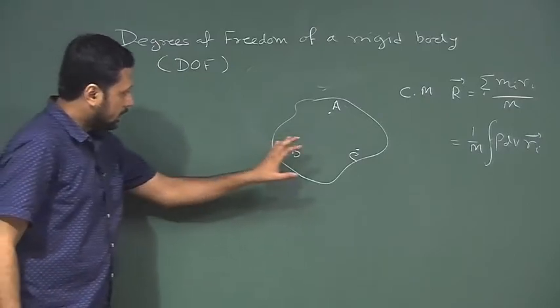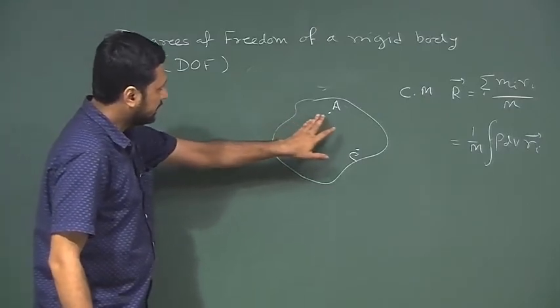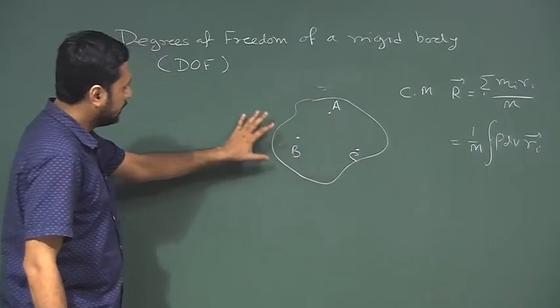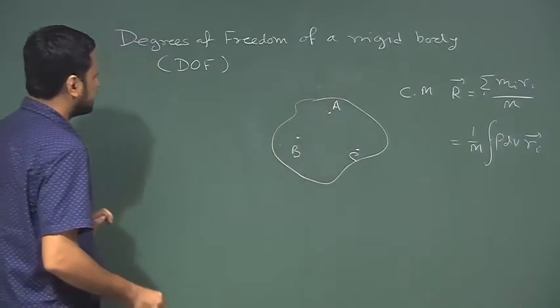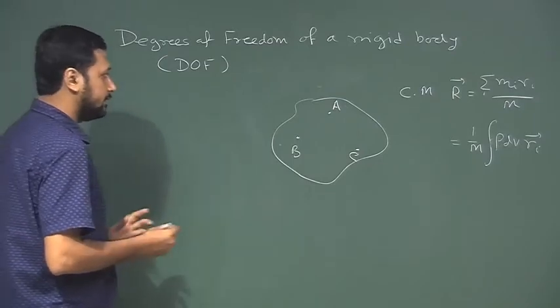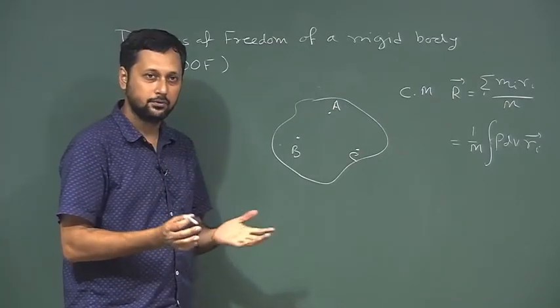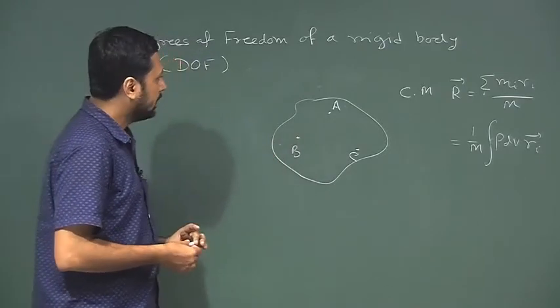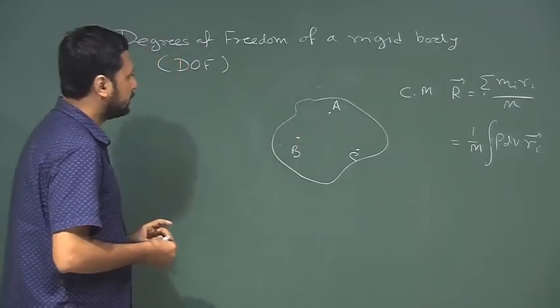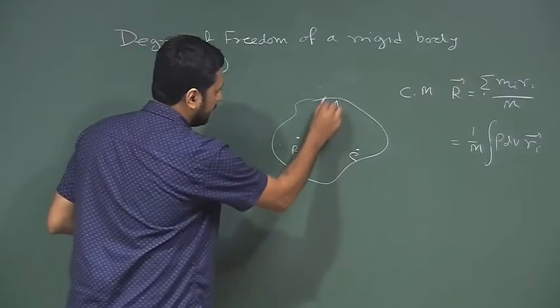Now, let us first look into the motion of A. Assuming that the entire rigid body is free, A is free to begin with. What is the number of degrees of freedom of A?